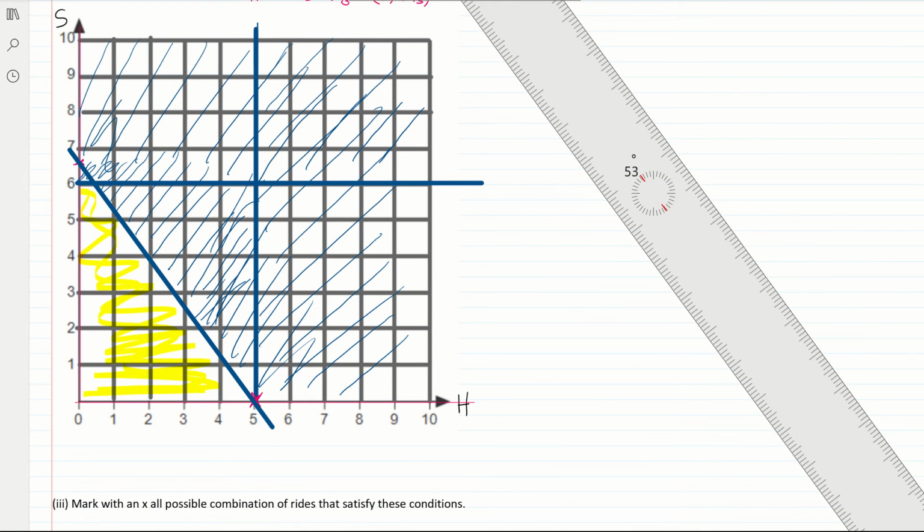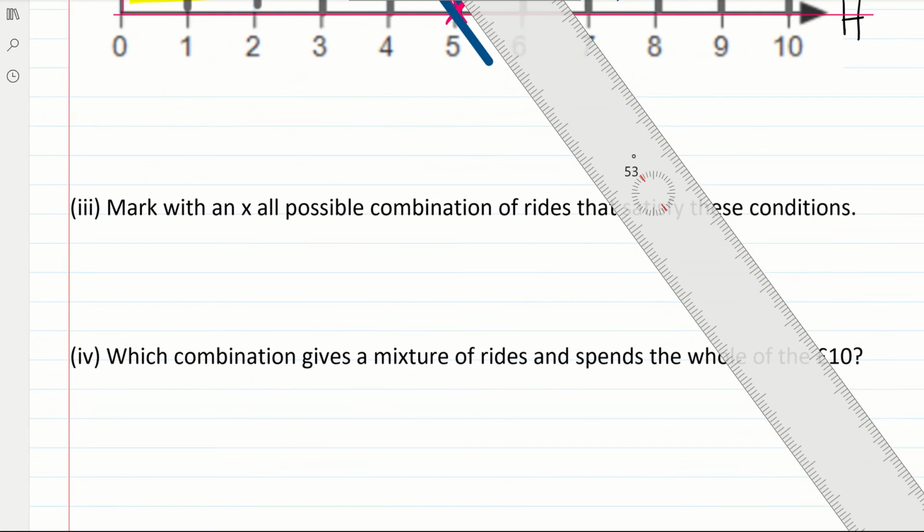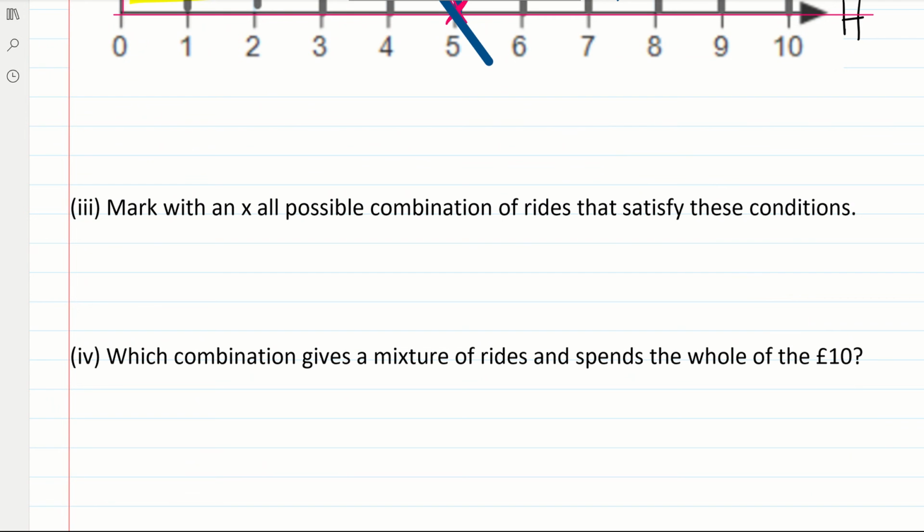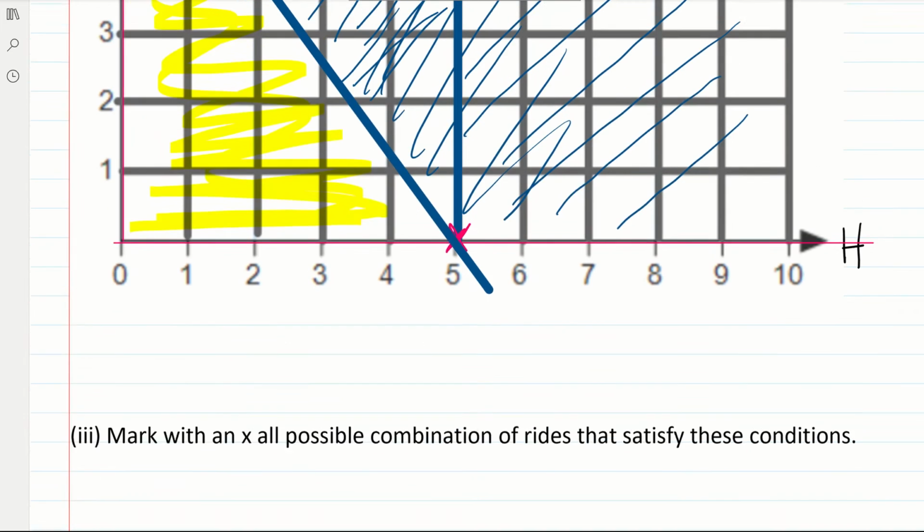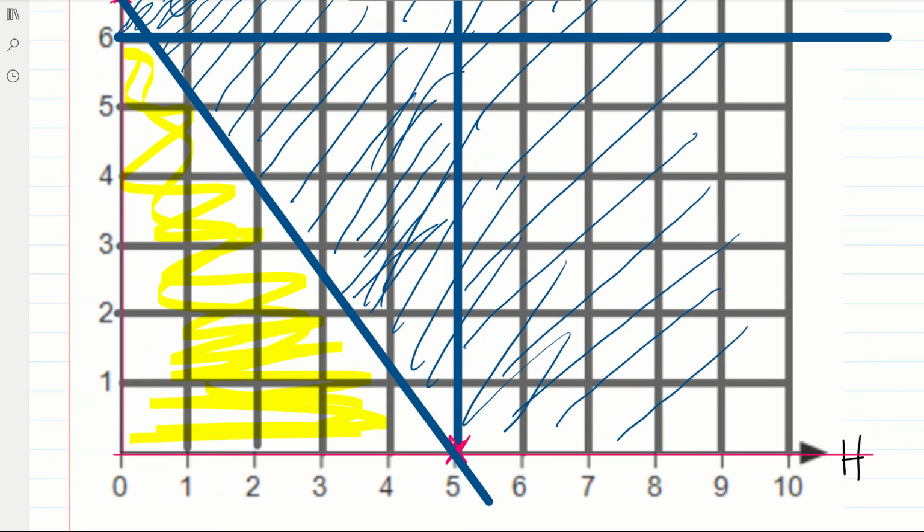And then the next question says, mark with an X all possible combination of rides that satisfy these inequalities. So because all of these lines are solid lines, it means that I can highlight them on the line as well.